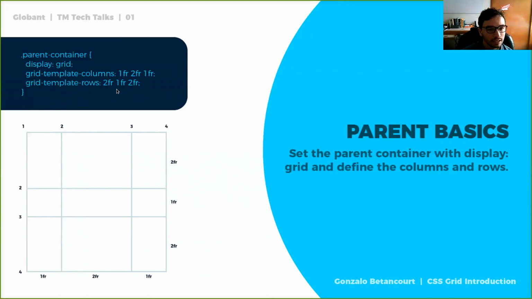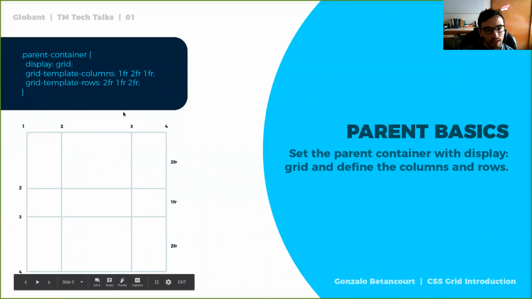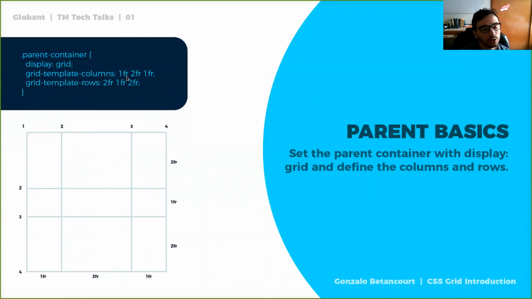So in this case, I created a grid of 3 columns and 3 rows. What does this 1fr 2fr 1fr mean? It means that it's a fraction. It's a new measure for the grid system. So it says 1 fraction of the whole grid, 2 fractions of the whole grid, and 1 fraction of the whole grid. So in this way, we define the parent and its grid.